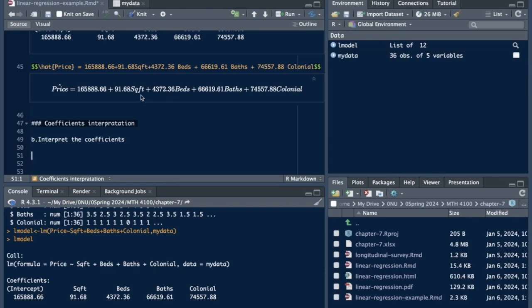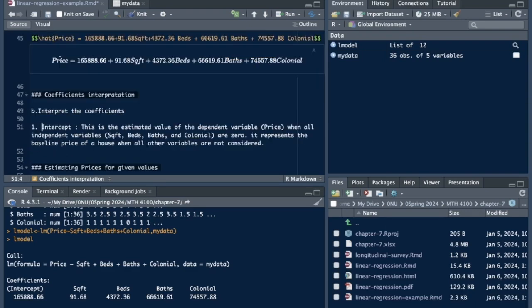If all of these are zeros, the baseline of the house is 165 thousand, without thinking about all of the other variables. So this is the first interpretation, of B0, the intercept. What about the second one?